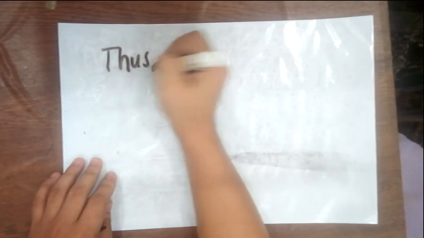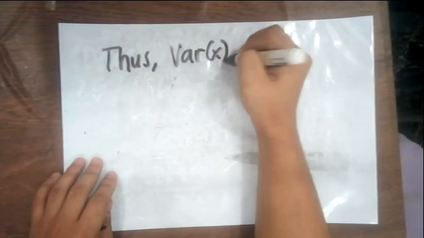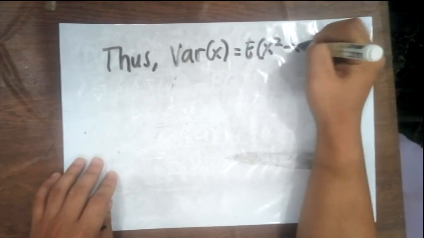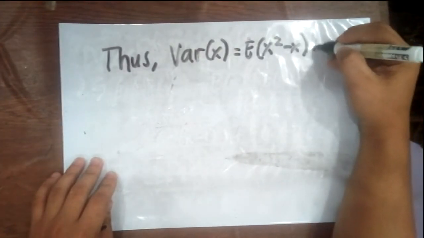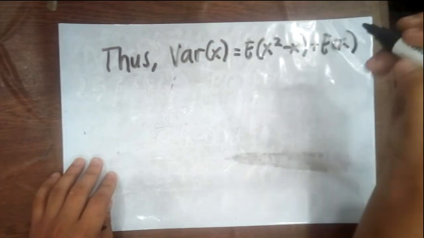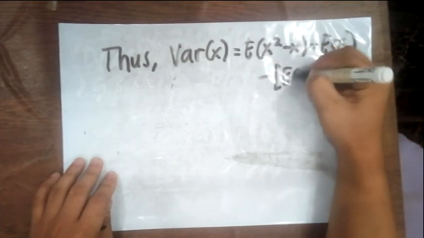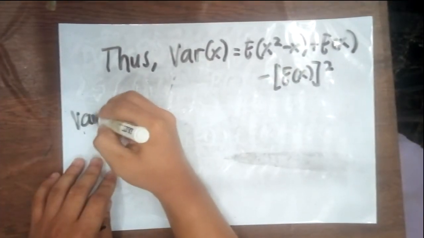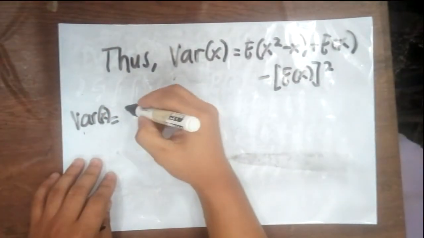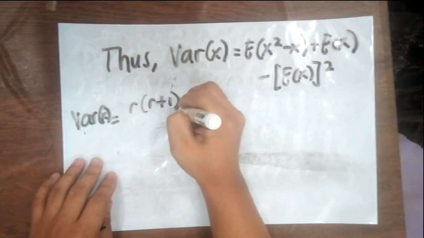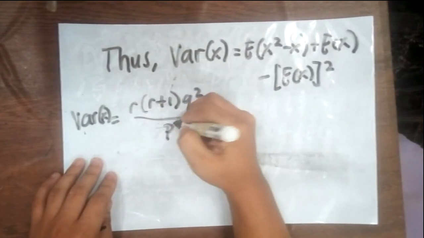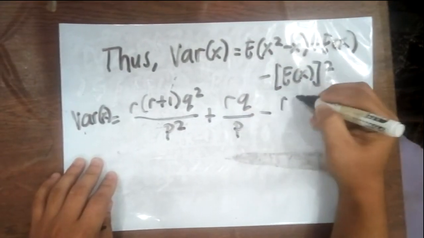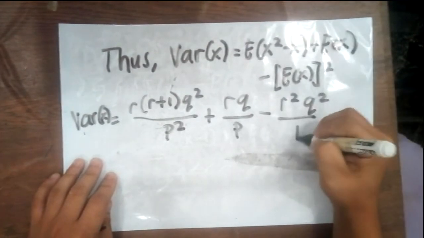Thus, the variance of X is equal to the expectation of X squared minus X plus the expectation of X minus the expectation of X squared, but this is equal to r times r plus 1, q squared over p squared, plus r times q over p, minus r squared times q squared over p squared.